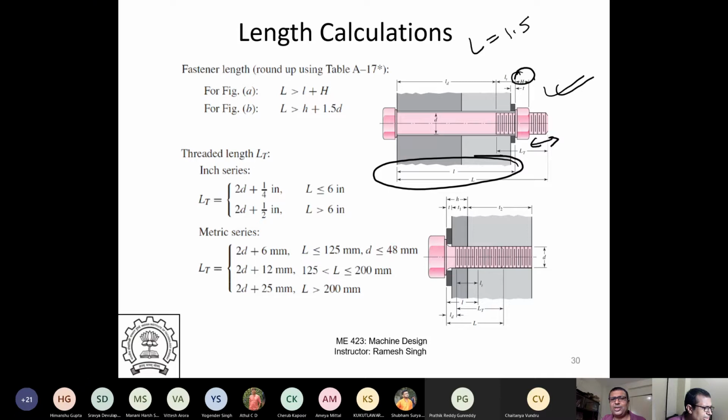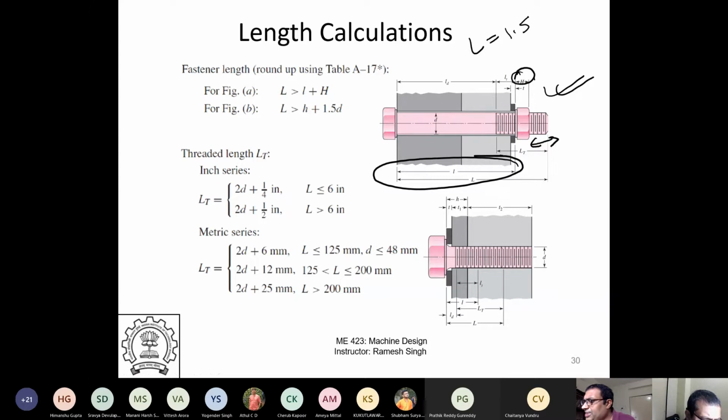This is common sense: you have to have the bolt larger than what you are gripping, the total effective grip plus the thickness of the bolt. Okay, sounds good.